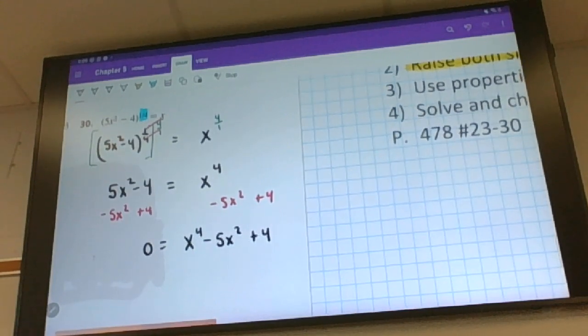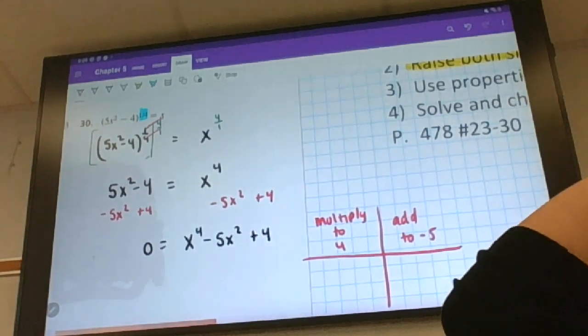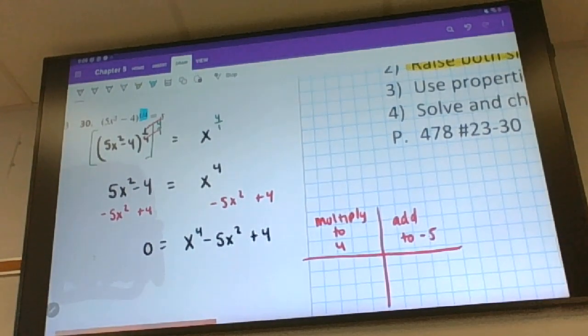So I need to find out what will multiply to 4 and add to -5. Literally, I never thought I'd see -1 times -4.